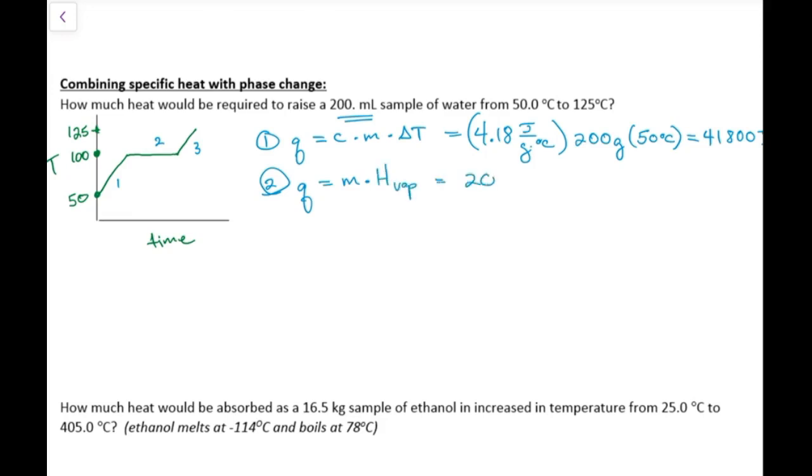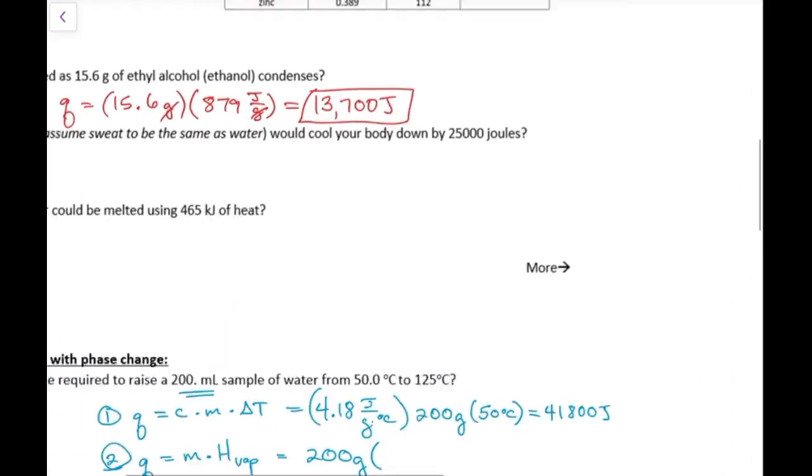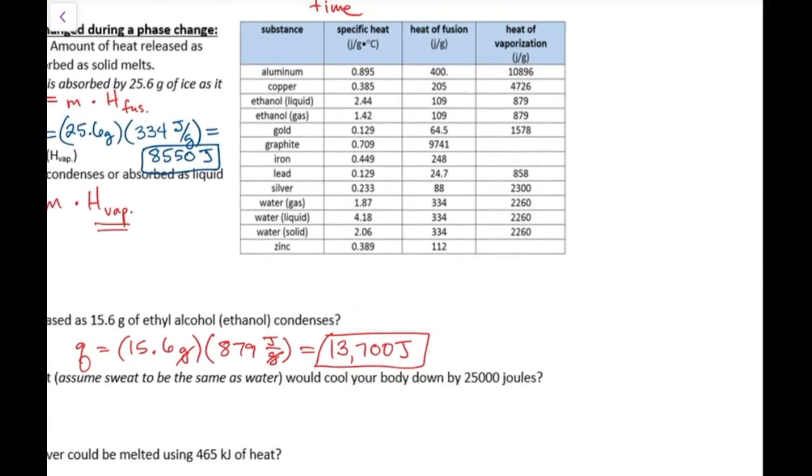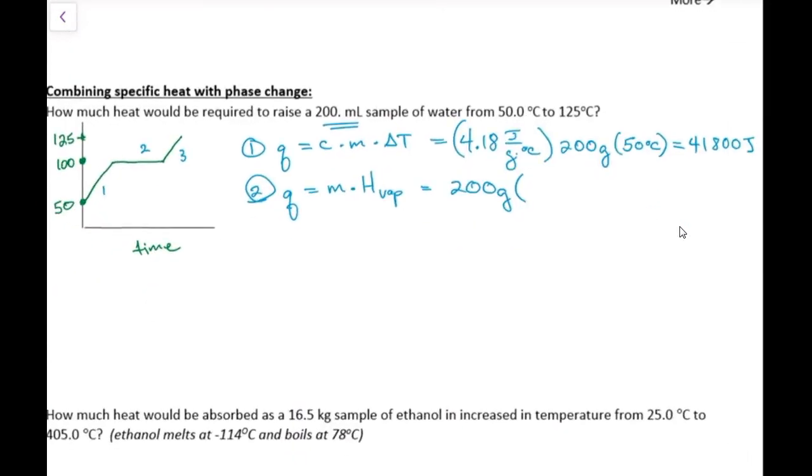So again, mass, 200 grams, and the heat of vaporization for water, if I go back up to my table, is 2,260 joules per gram. Okay, and then we get 452,000 joules.